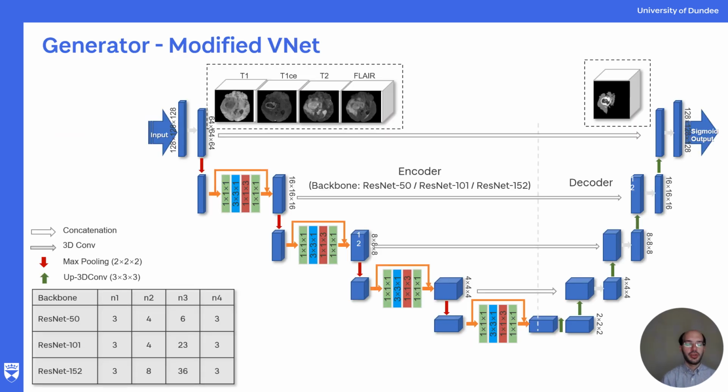In terms of the actual architecture of the generator, we use a modified VNet where the input are the 4 3D array channels for the 4 multimodal MRI images.